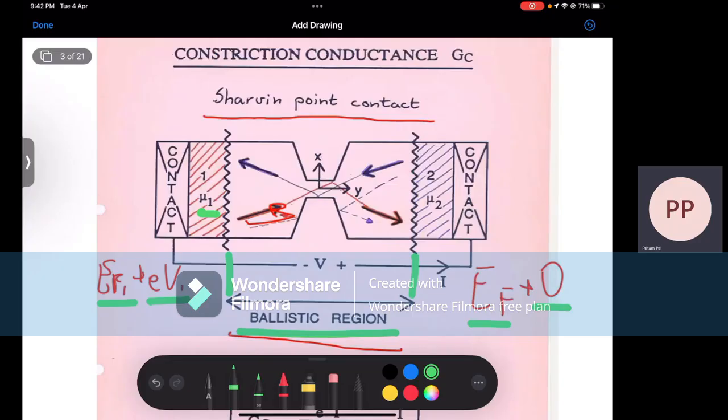Now these electrons bounce around from the contact, and then they approach the constriction, which is in the middle of a very ballistic region.